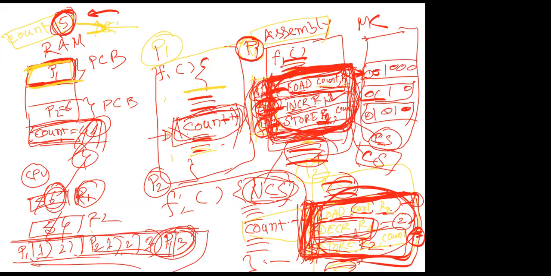One thing is clear: depending on the order of execution, you will get a different shared value. I showed you that if P1 completes its execution without any preemption, and then P2 completes its execution without any preemption, it is fine.